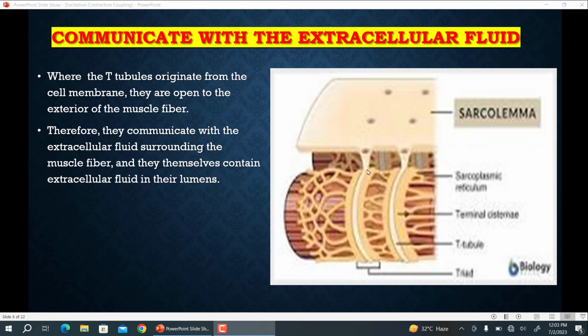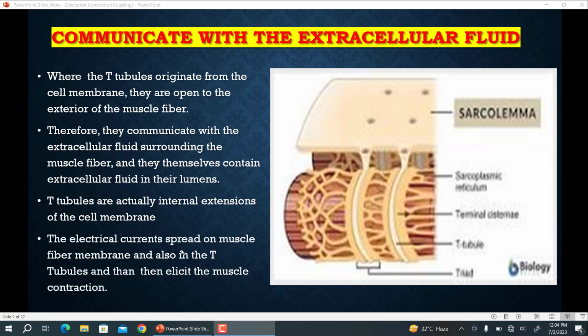On the other hand, they cover the muscle fibers. T-tubules are actually internal extensions of the cell membrane. They are actually part of the cell membrane. They originate from the cell and have the same structure as the cell membrane. And the electrical current spreads on the muscle fiber membrane and also in the T-tubules and then elicits muscle contraction.